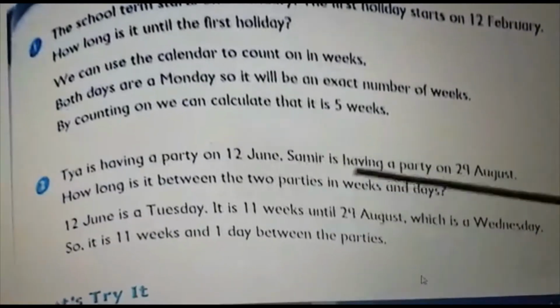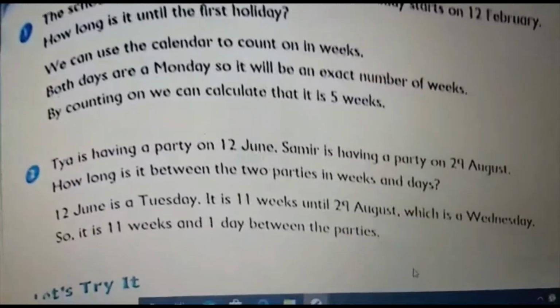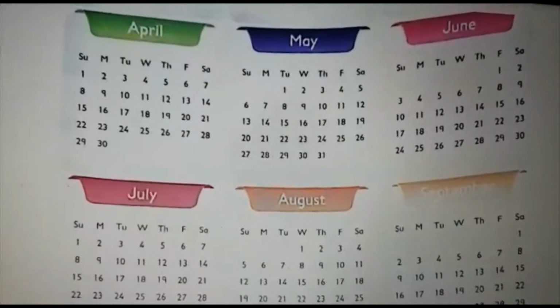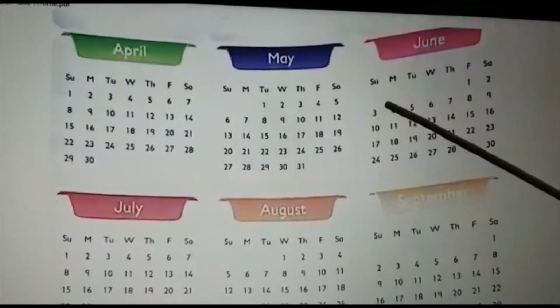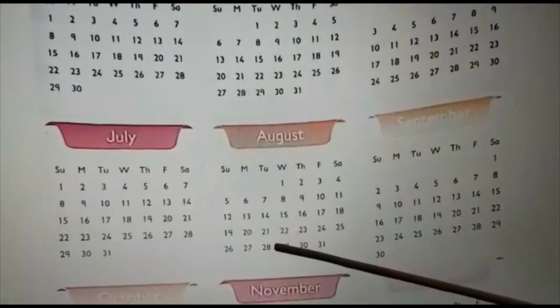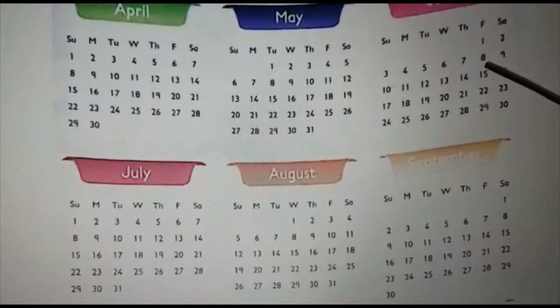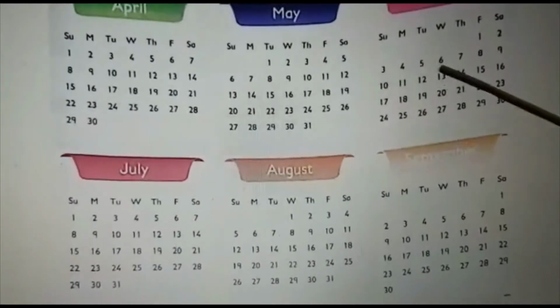Why? Because we want to know the number of days or weeks in between these 2 days. So we want to find the days between 12th June and 29th August. So we will not count these 2 days. So 12th June, this week I am not considering. First, I am going to consider the full weeks.